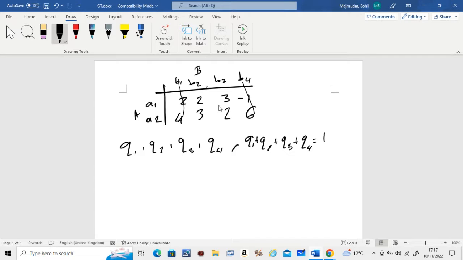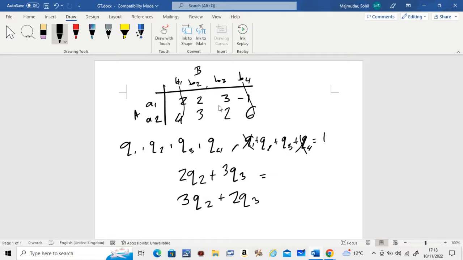So the expected payoffs will be 2Q2 plus 3Q3. So Q1 and Q4 are 0. That's what it means. They're zeros. And similarly, we get 3Q2 plus 2Q3.